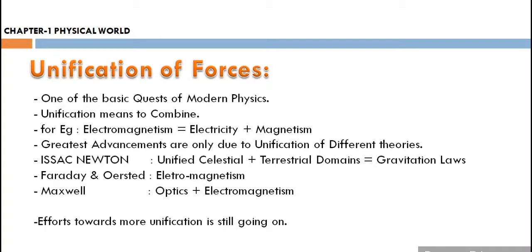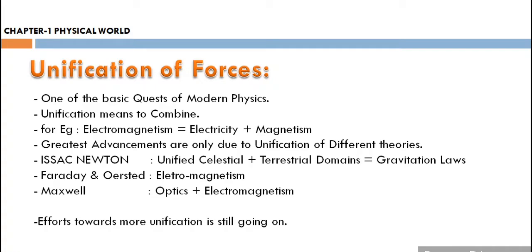Clear? Now the greatest advancements of physics are only due to unification of different theories. How one theory is related to other theories, how from one topic we can go to another topic, how if we solve one mystery, that answer can be the solution of another mystery as well. Clear?